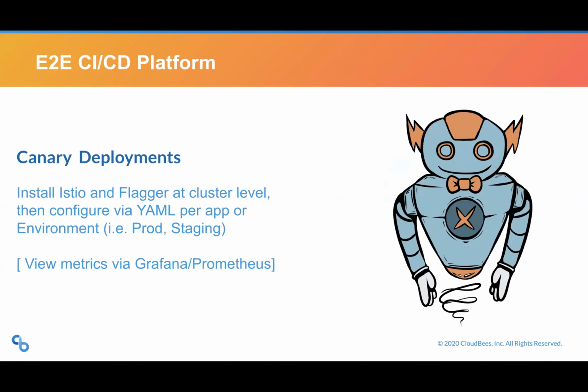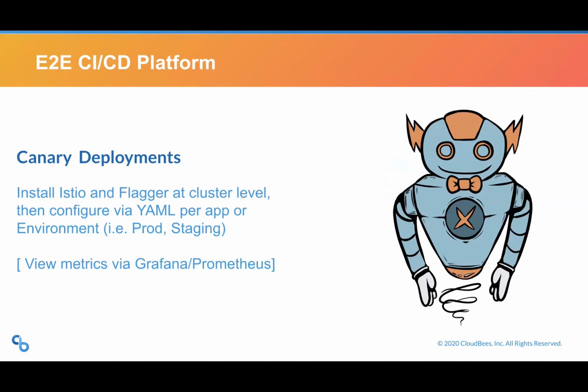Another thing that was mentioned earlier today, which I'm really excited about, and I actually have a workshop on this, is canary deployments. Again, we put a whole bunch of open source frameworks together to build Jenkins X. You can also plug in other open source tools, such as Istio and Flagger.